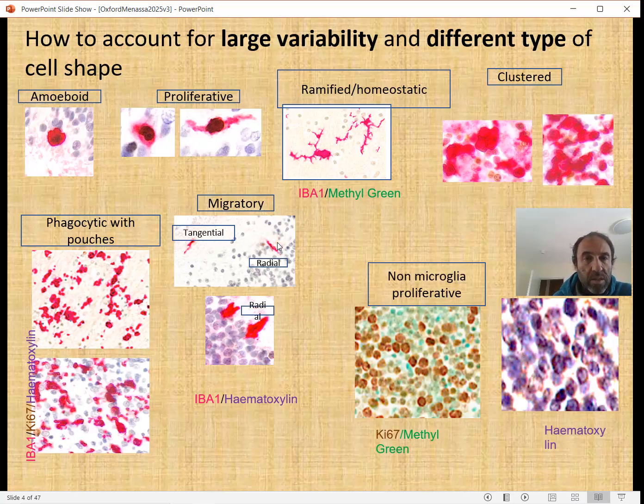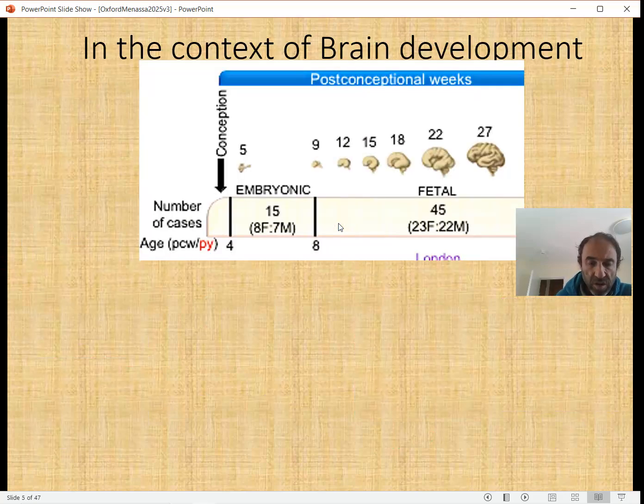So what can we do to be able to account for these cells and in particular to recognize them? In the context of brain development, where you have different post-conceptual weeks, here illustrated by these different cartoons representation of the brain at different stages, you can have different slices the way that I've just showed to you at those different moments of time.